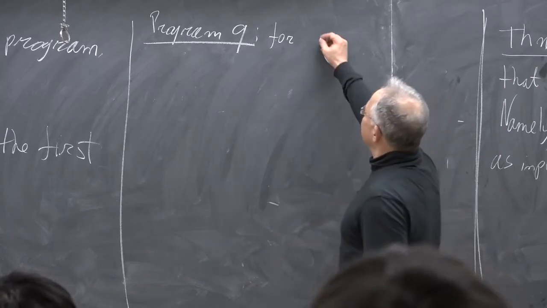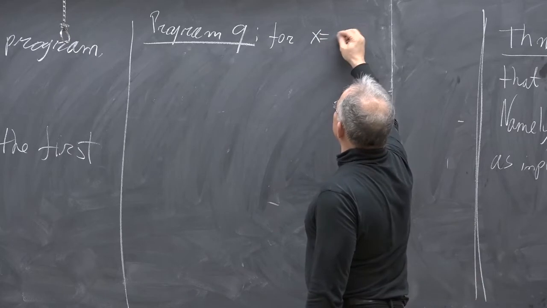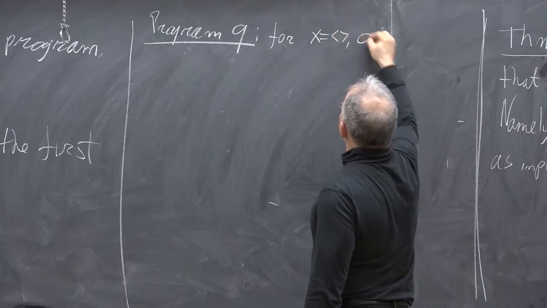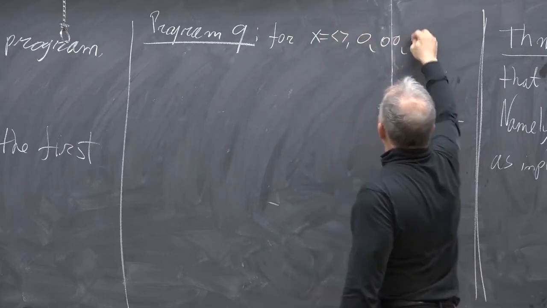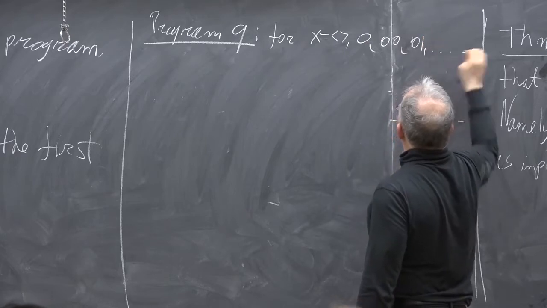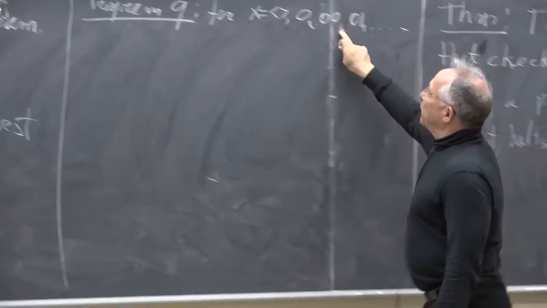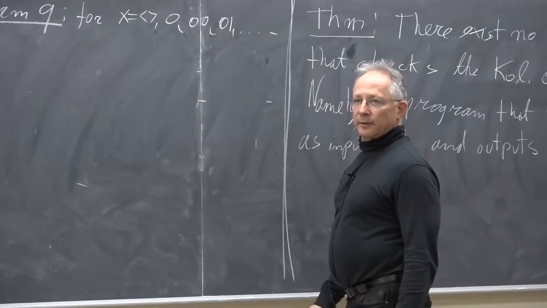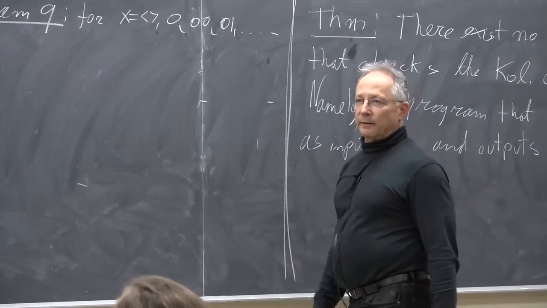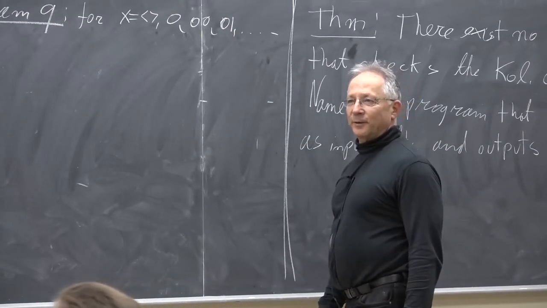Okay, so for x equals the empty string, 0, 0, 0, 0, 1, and so on. I'm going over all strings in lexicographic order. It's very easy to write, I'm just too lazy to do it.